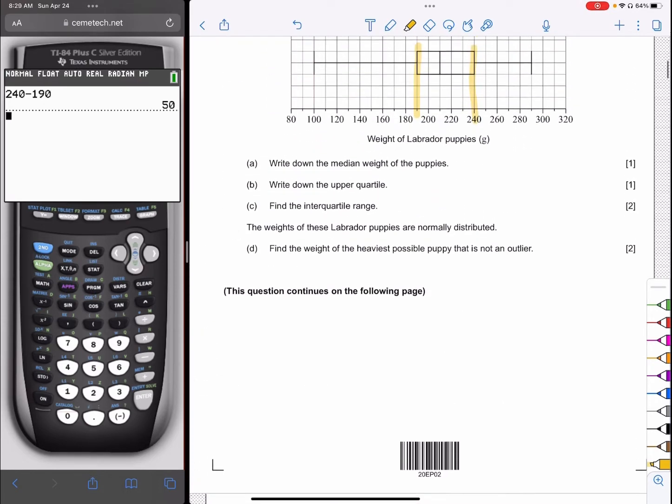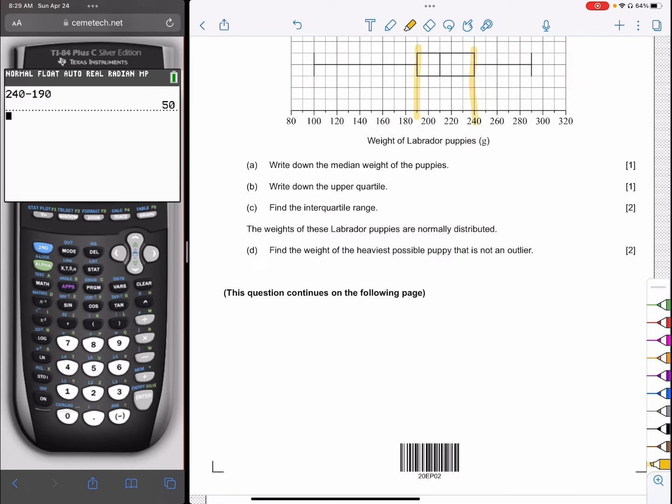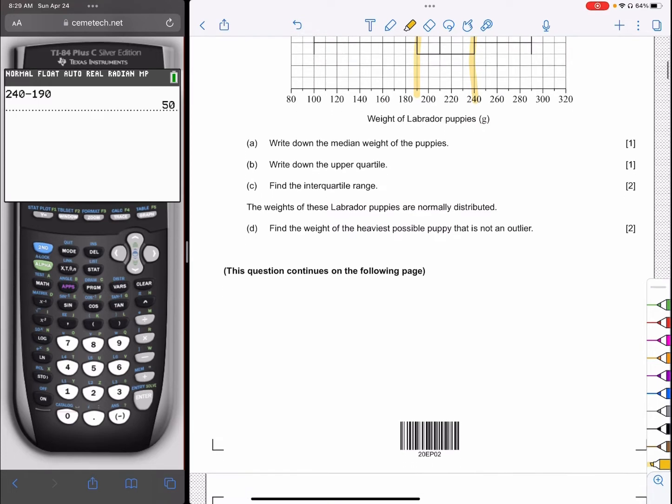And last but not least, it says, find the weight of the heaviest possible puppy that is not an outlier.